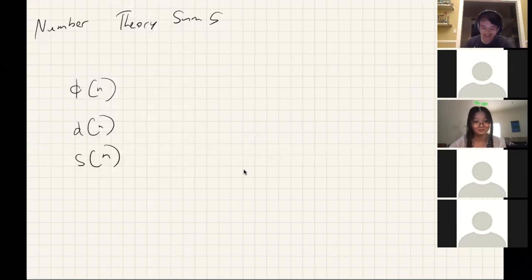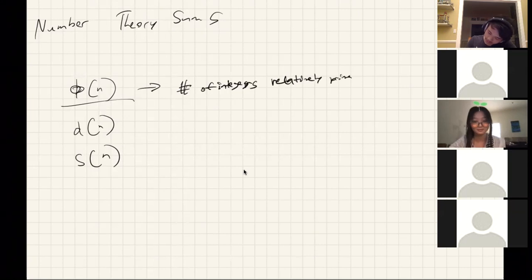So anyways, number theory sums. You're going to be dealing with 3 number theory functions. The first one is phi of n. Phi of n is a function of a positive integer n, and it counts the number of positive integers relatively prime to n that are also less than or equal to n.